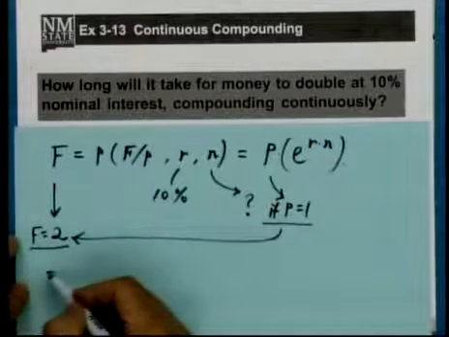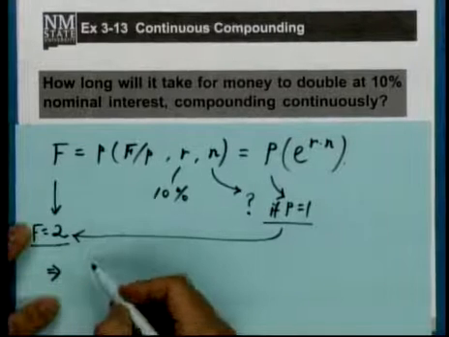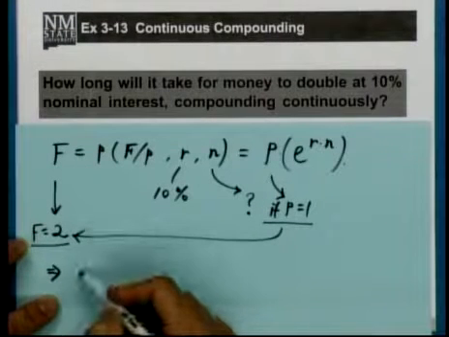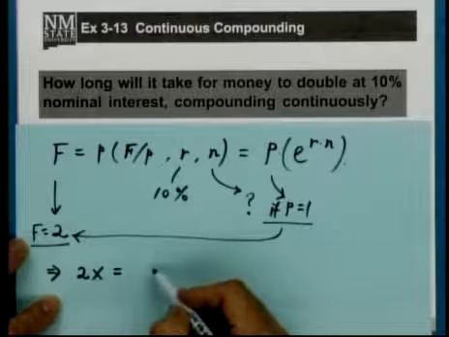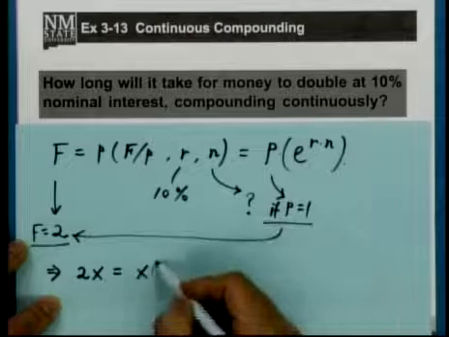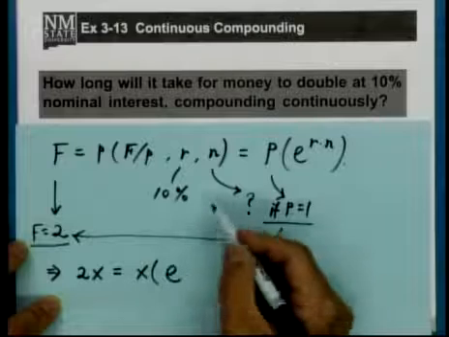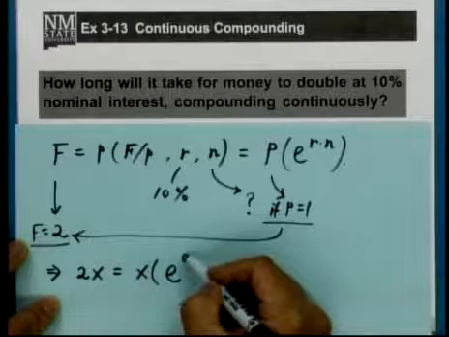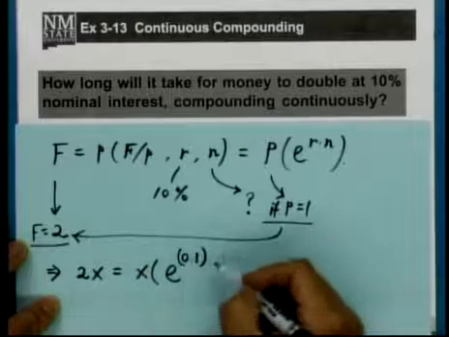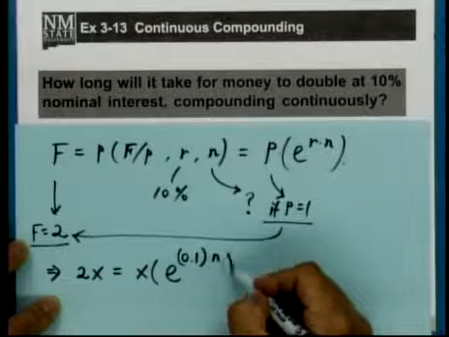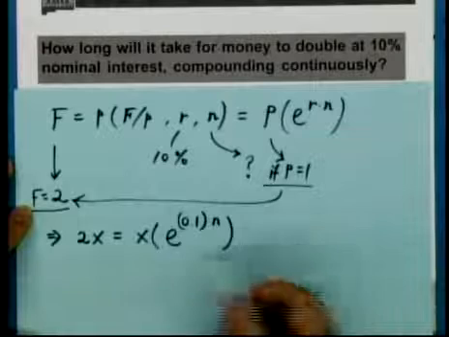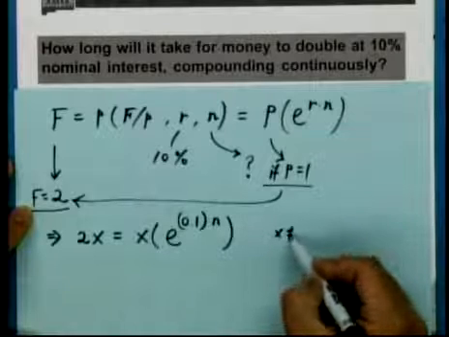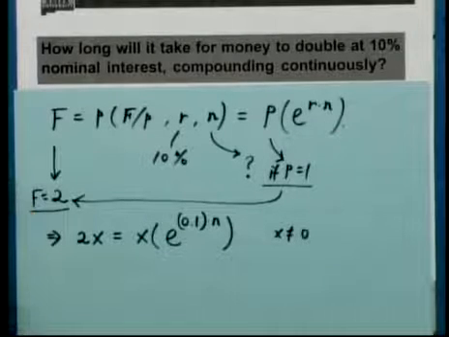So the formula you can have is 2 times X equals 1 times X times e to the power R, which is 0.1 times N, right? Of course, here X is not equal to 0, okay?